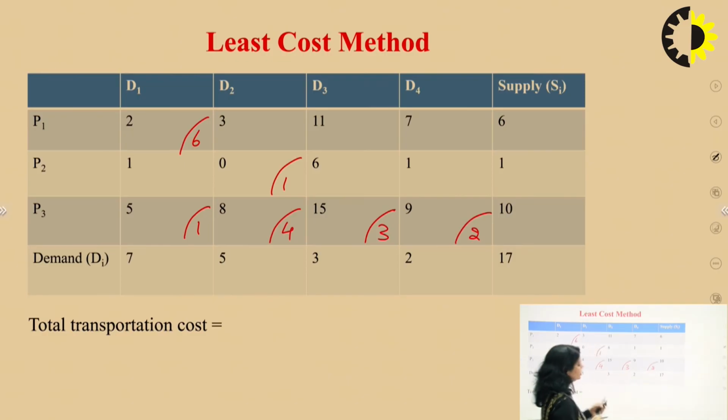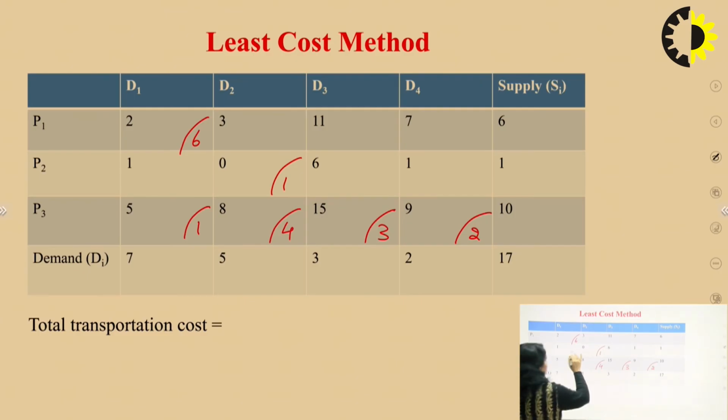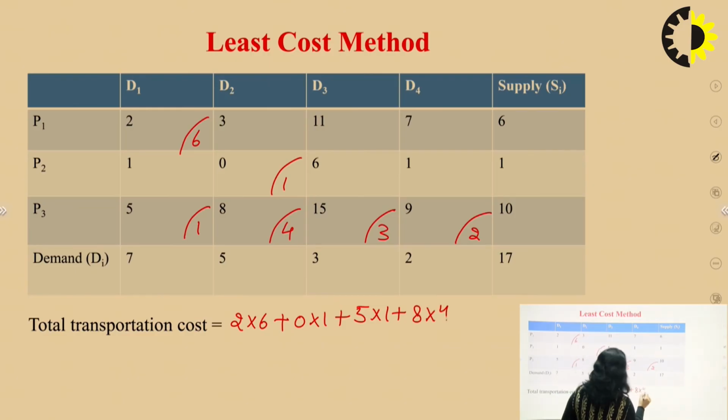So these were the allocated cells. Now we will find out the total transportation cost in the same manner as we did in the northwest corner method. So we will write down 2 into 6 plus 0 into 1 plus 5 into 1 plus 8 into 4 plus 15 into 3 plus 9 into 2.